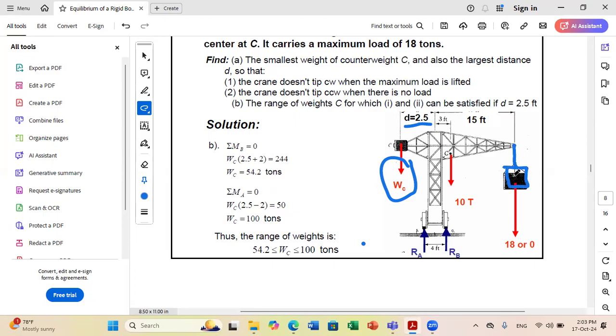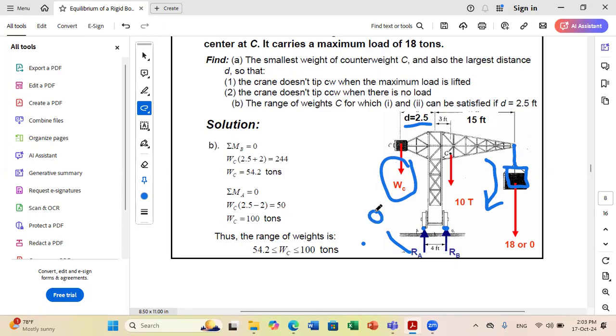If I put 18 tons here, I have a risk to turn over in the clockwise direction. So I tend to rotate about B and lose contact with A. If I lose contact with A, then RA will be equal to 0.